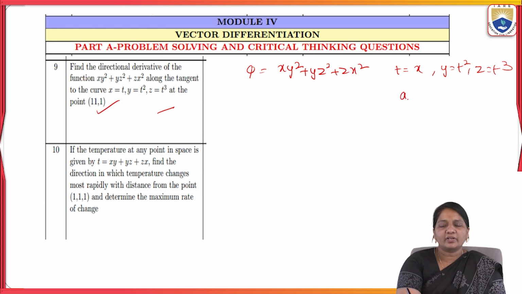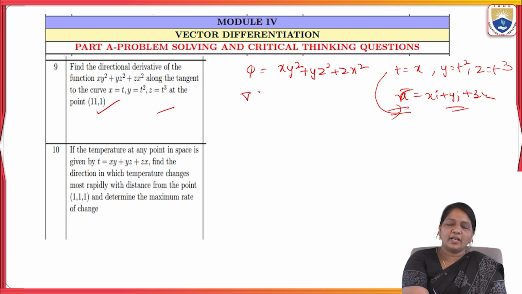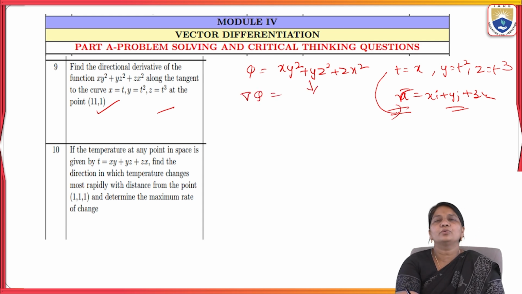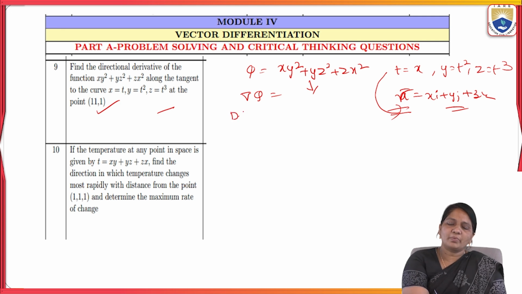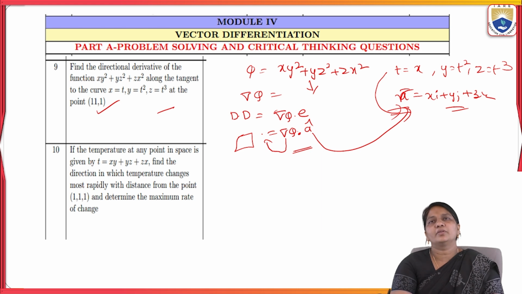So here for the vector a bar, xi + yj + zk, we are going to use this tangent curve, and for del phi we are going to use the function to calculate del phi. What is the formula for the directional derivative? That is del phi dot e, otherwise del phi dot a cap. So you get a cap from the given curve and you can get del phi from the function. So finally when you do the dot product you get the directional derivative.